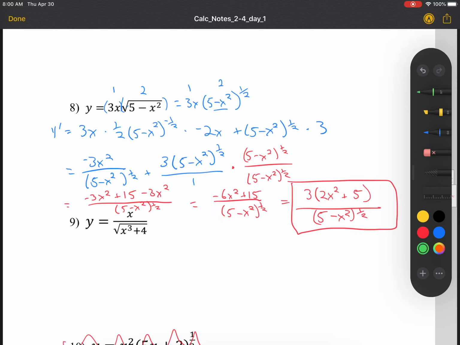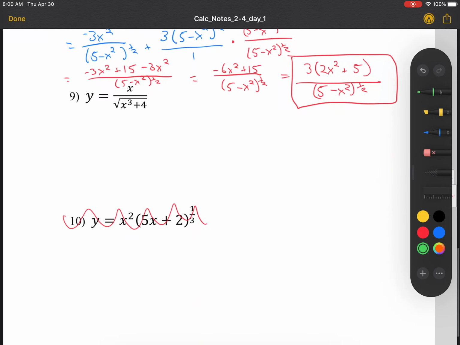All right, we're going to move on to 9 now. We're doing the quotient rule this time, mixed with our chain rule. So we can say this is the same thing as, let's kind of give ourselves a little barrier.